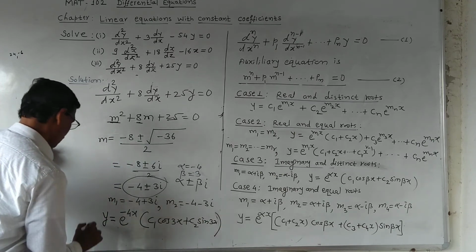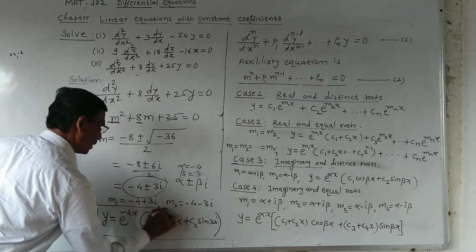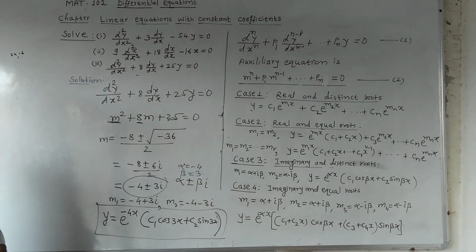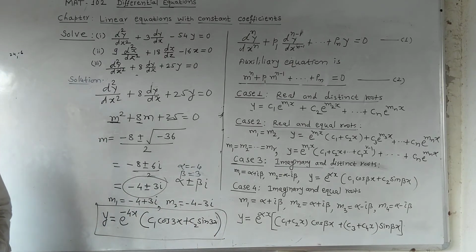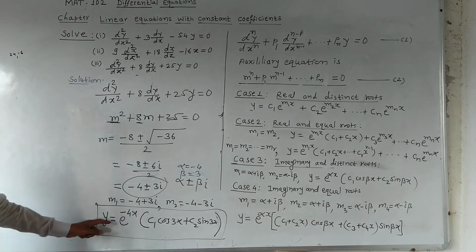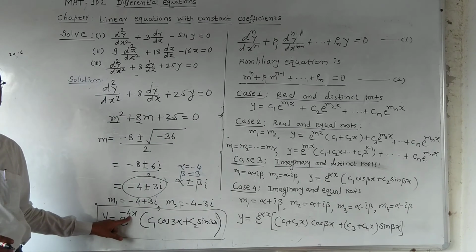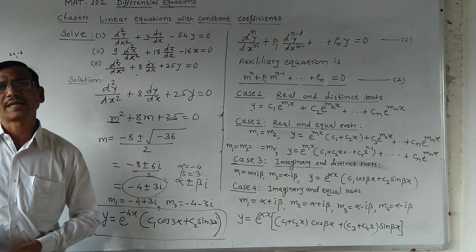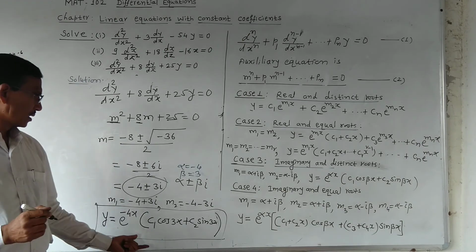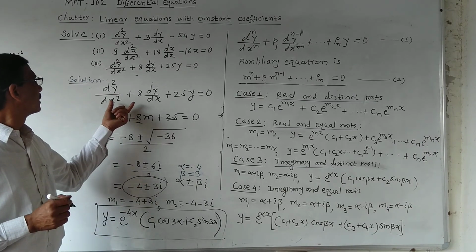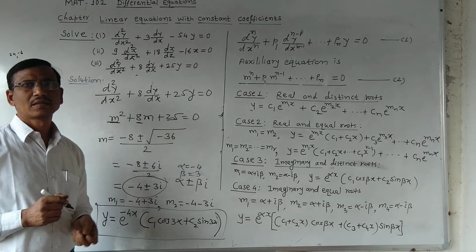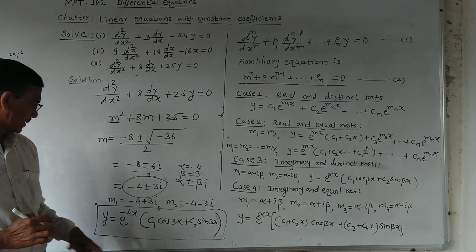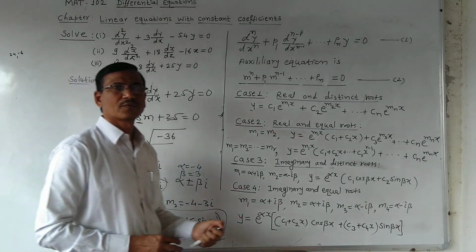Now this is the solution. Okay, y is equal to e raised to minus 4x, c1 cos 3x plus c2 sin 3x. This is the solution of this differential equation. Okay, we shall stop with this problem.